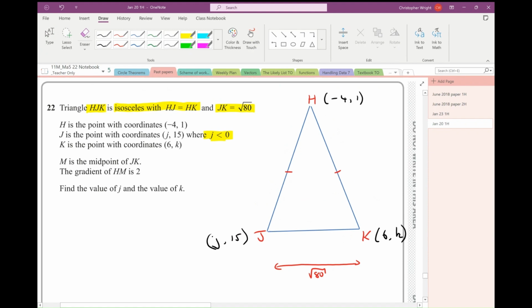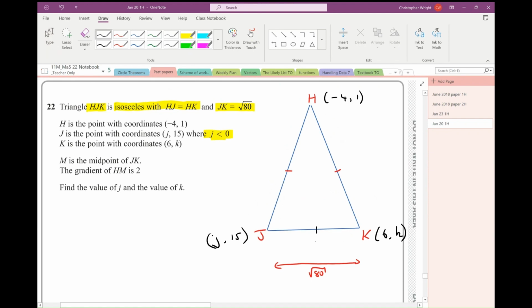So let's put M here. And the gradient of HM, right, that's this line, isn't it? Oh, which, by the way, will be perpendicular here, won't it? The gradient of HM is 2. Okay, so I've put that in my diagram.